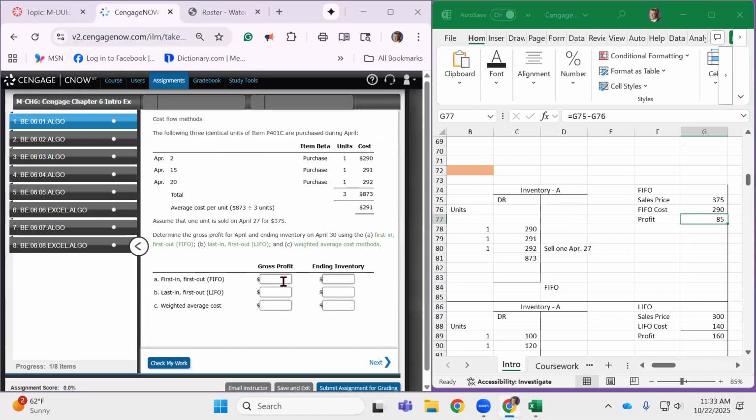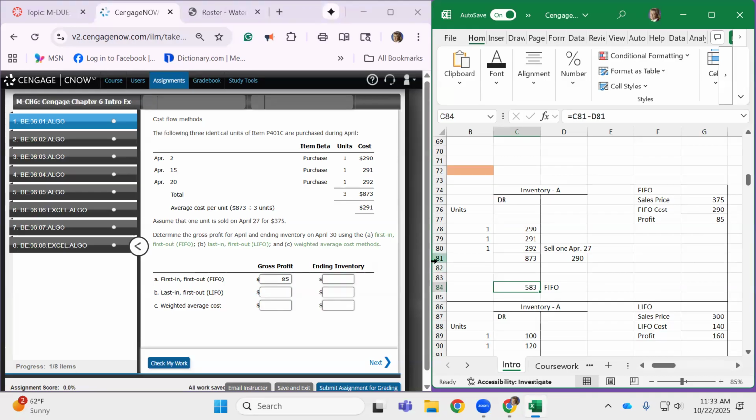So the gross profit for the one item that you sold using FIFO should be $85. And if I put $290 going out of here, here is what's remaining in inventory at the end of the period. It looks like we've got $583.